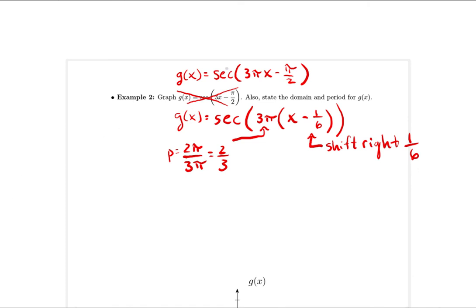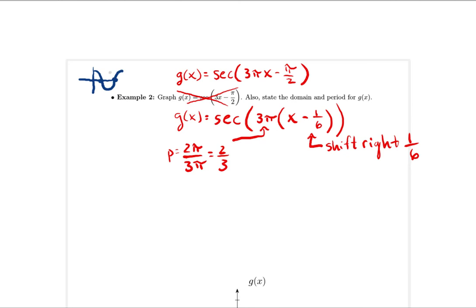Okay, so now we're thinking about secant, right? The secant is 1 over the cosine. So remember that a cosine graph, when is it going to be 0? It'll be 0 at pi over 2 and 3 pi over 2. Those are the places that it's 0. So it's pi over 2 and then pi in this direction.